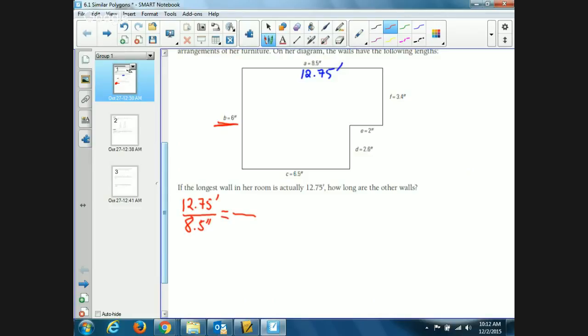Inches from the diagram, where does that go? On the bottom. So we're going to get the real life B. Maybe I'll use a capital B to show that it's the real-life B. You guys know how to solve this too, don't you? You've got calculators. I'll give you a second to solve that. Okay. Someone's going to tell me the answer.